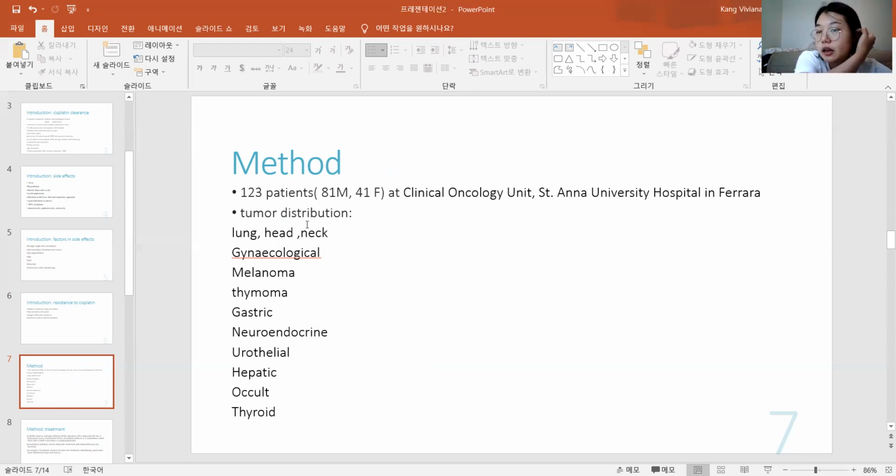The patients had a wide range of cancers, which included lung, head and neck cancer, gynecological cancers, melanoma, thymoma, gastric cancer, neuroendocrine cancer, urothelial cancer, hepatic cancer, occult cancer, and thyroid cancer.